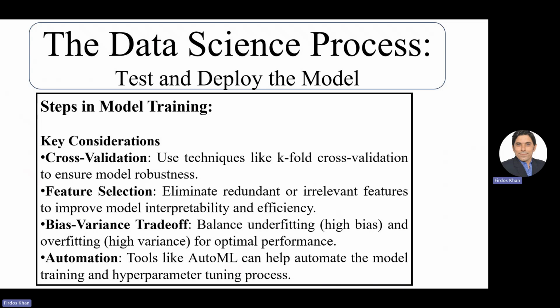This may not be part of this video, but it is important to know what you need to do during the training period, what key considerations you need to have a robust model output, or you can say robust performance of the model. So you can have these key considerations during the training period, and then you deploy the model, and that can improve the performance of your model during deployment.